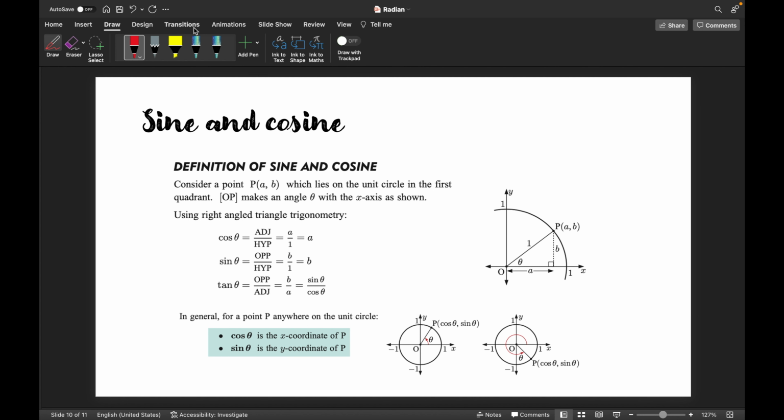Okay, so now let's look at this. Consider a point P, which is (a, b) here, which lies on the unit circle in the first quadrant. I hope you know what the quadrants are. This is the first quadrant, this is the second quadrant, this is the third, and this is the fourth quadrant.